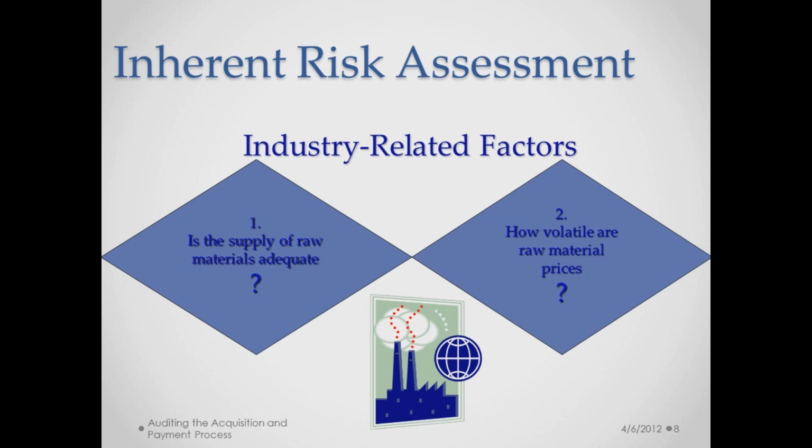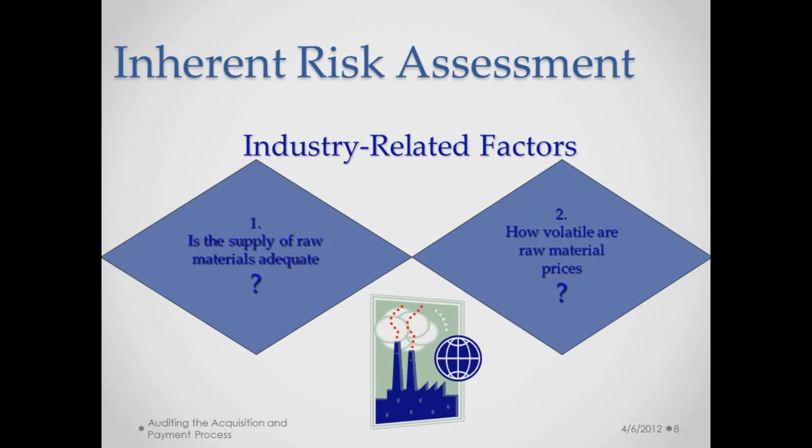Now I'm dealing with fewer customers, but these are financially more sound, and the likelihood of them going bankrupt is probably a lot lower than if I'm dealing with 50 small customers. But my risk is increased because if I lose one of those customers, I've lost a substantial amount of revenue. So that's inherent risk for the revenue.